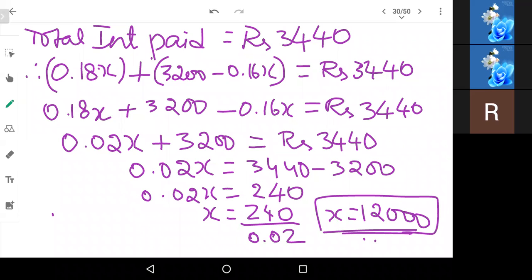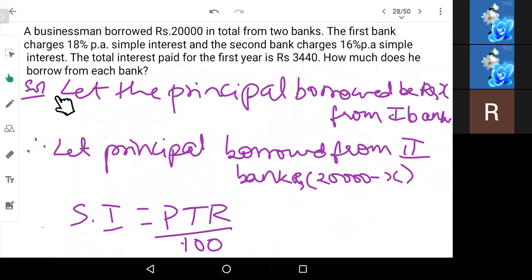So we have got the value of x. Now what was the derivation? Let the principal borrowed from the first bank be x. So whatever x we have found, 12,000, is the principal of the first bank. So let us write the conclusion now.